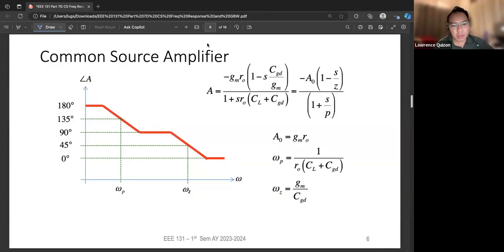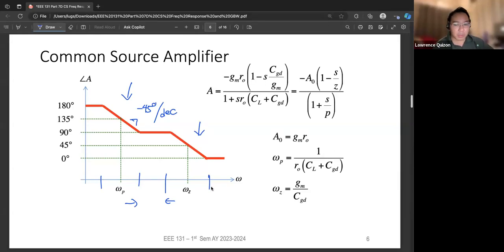Also, for the phase response, both the zero and the pole have a negative 90-degree contribution. If we assume they're far apart, then this type of step ladder is what would happen. Again, review your Bode plots: 45 degrees per decade slope, starting a decade before and ending a decade after the pole and the zero.